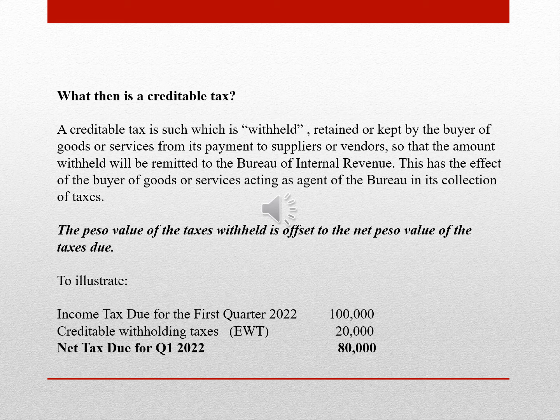So bottom line figure na, hindi ka magdededuct doon sa taas. And then for the creditable withholding taxes, it is offset to the income tax due, so minus yan, and then the net tax due for the first quarter of 2022 is 80,000. So it's on a peso to peso value deduction.